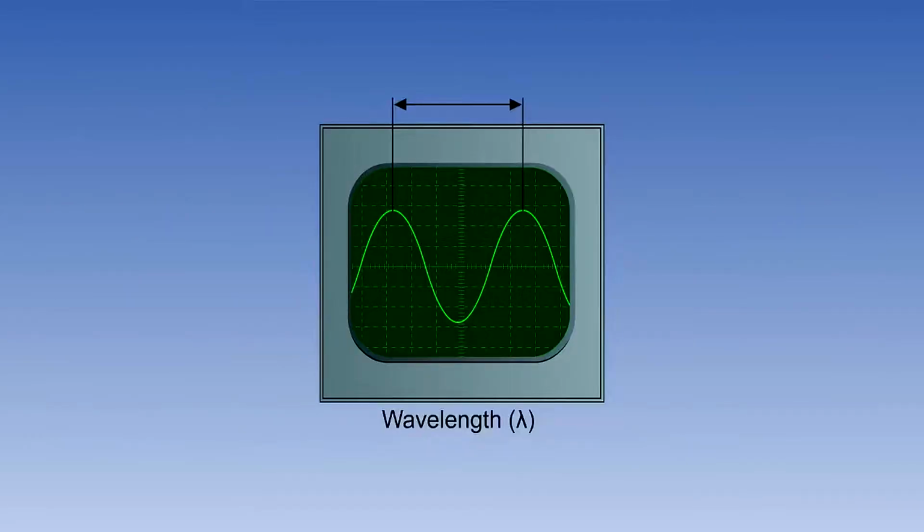The wavelength, or length of a radio wave cycle, is the distance between the start and the end of the cycle. Generally shown as the distance between the peaks of two successive identical waves. It is denoted by the symbol lambda.